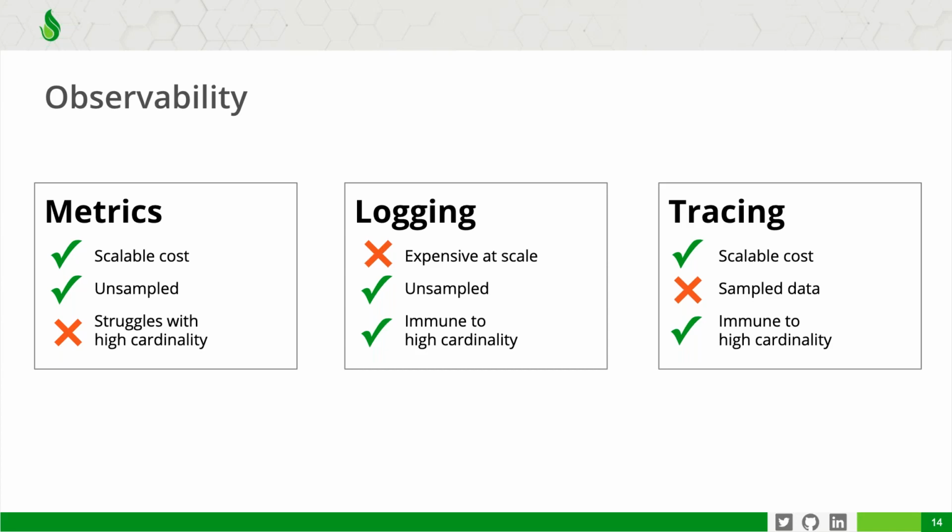And then tracing is scalable in cost, in that you can predict the cost. The challenge with tracing is that it's sampled data. So generally what you do is you say, I want 1% of transactions to be traced, meaning I'm going to collect all the details: the request payload, the response payload, the breakdown of time by every step of the request, by every function.